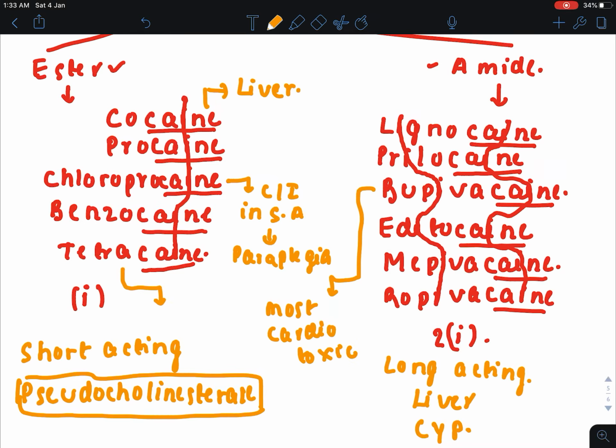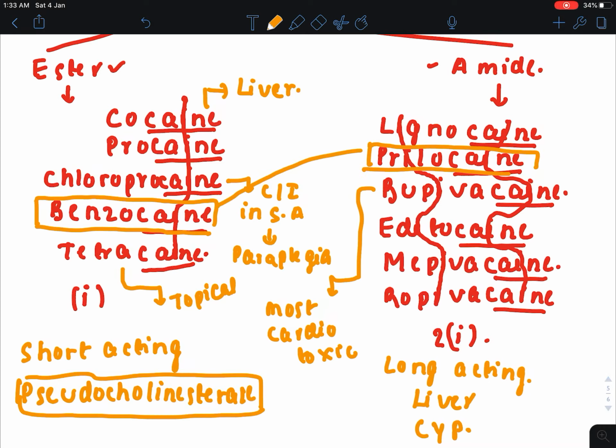Tetracaine is used in topical application, such as the eye. Benzocaine and prilocaine cause methemoglobinemia.